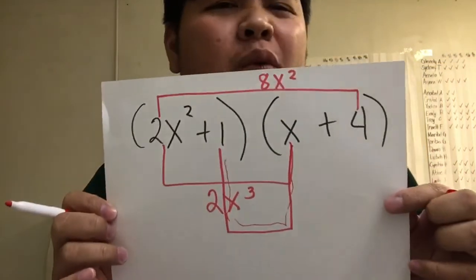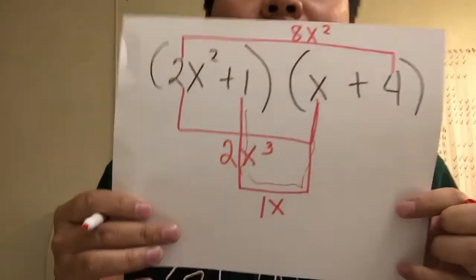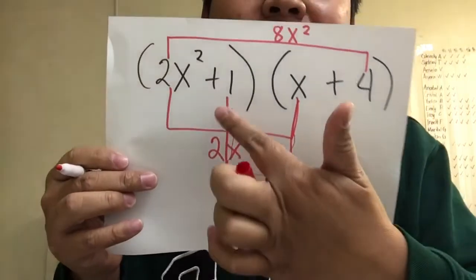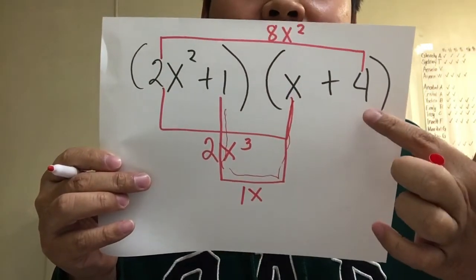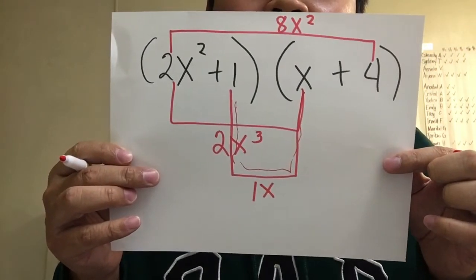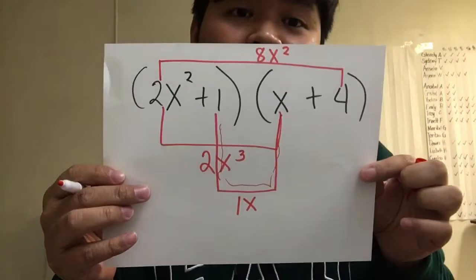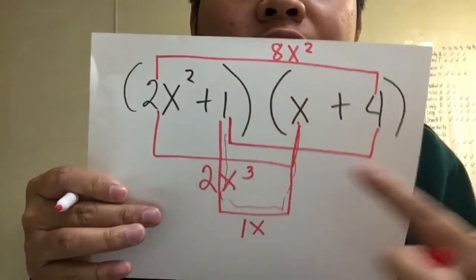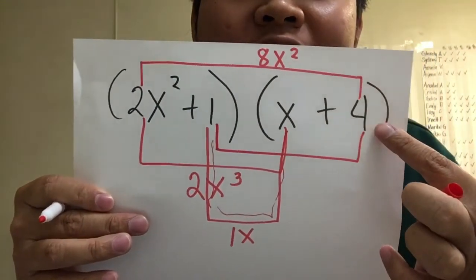Let's just put 1x so that we're not confused. And last on the FOIL, we have to multiply the last number and the last number. Let me put the arrow. 1 times 4. What is 1 times 4? Perfect, that's 4.